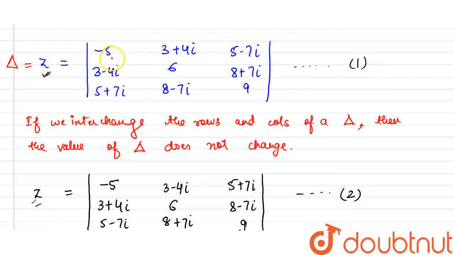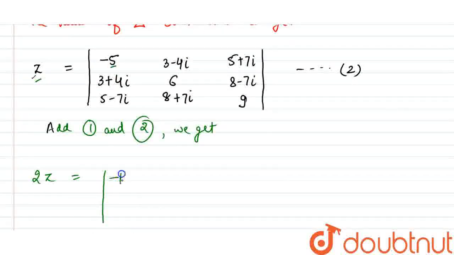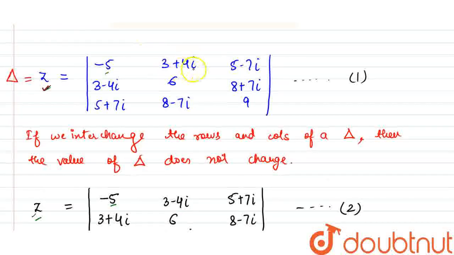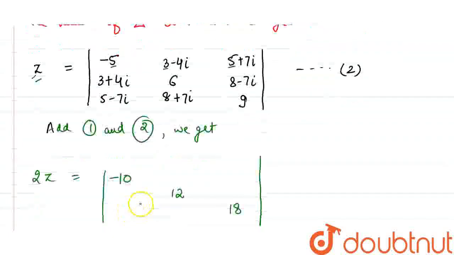So this will be minus 5 plus minus 5, that is minus 10, and similarly the diagonals will add up: 6 and 6, 12, 9 and 9, 18. Also for the off diagonal elements 3 plus 4 iota and 3 minus 4 iota. Now we can see all the imaginary part values will cancel out. 4 iota and minus 4 iota will cancel out, and we will be having 3 and 3 only. Here we will be having 5 and 5 only.